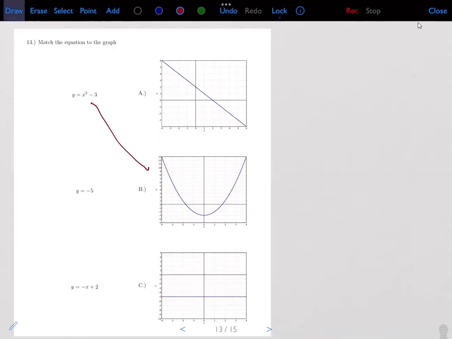So the constant function, the horizontal line, is going to be that one. And then finally, -x plus 2, this is a linear function, right? In fact, you can think of it as y equals mx plus b, where the m is -1 and the intercept is (0, 2). So that's exactly this one. And of course, it's the only one left, so it must be that one. It's the linear function over here.